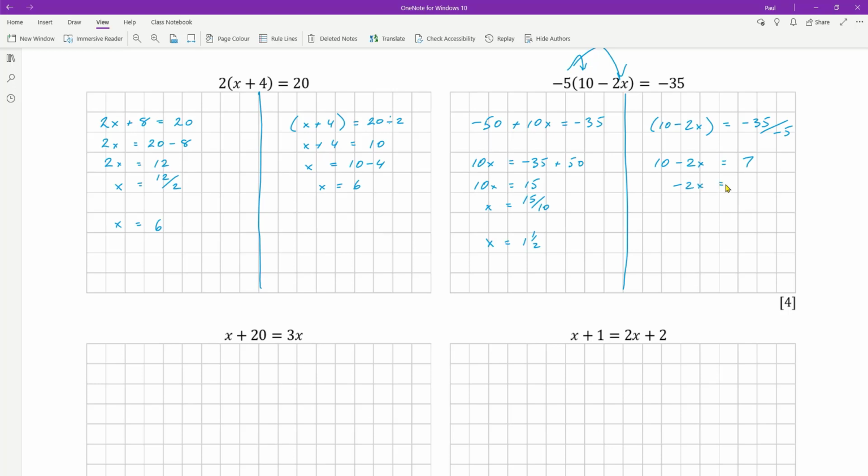Minus 2x is equal to, well that's positive here, so on the other side will be negative, is equal to 7 minus 10, so minus 2x is equal to minus 3. X will be equal to minus 3 divided by minus 2, because that's times by, so it's divide by. The two negatives cancel out, 3 over 2, x is equal to 1.5.